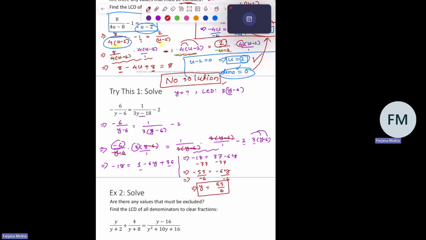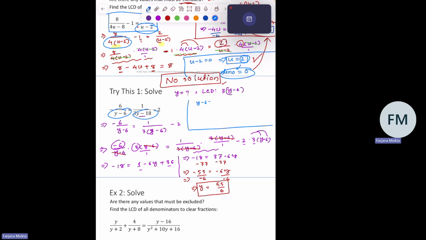Now we need to check for restriction, right? That's our solution that we calculated, but we need to check for the restrictions. According to the restriction, from our original denominators, we get the factor y minus 6.